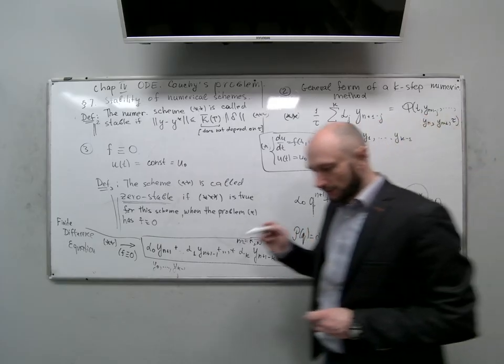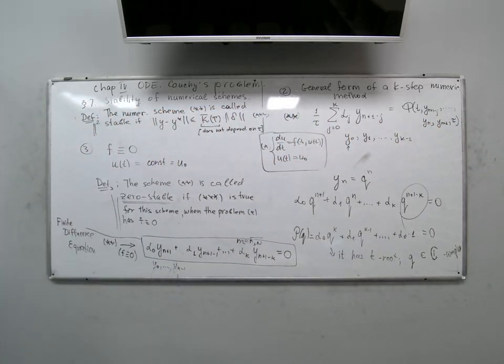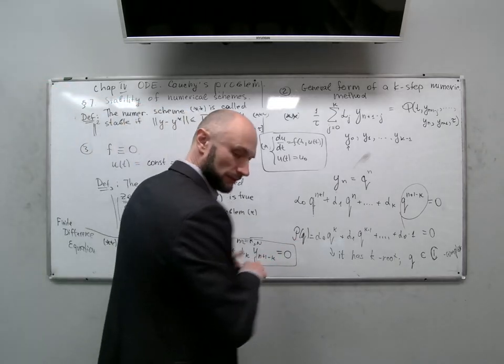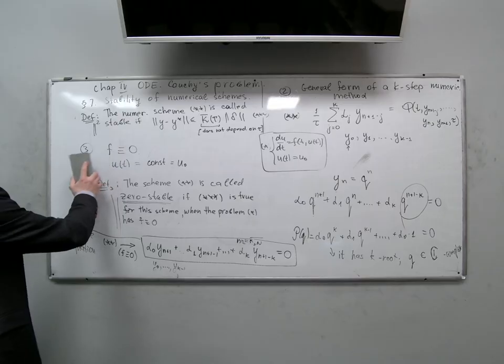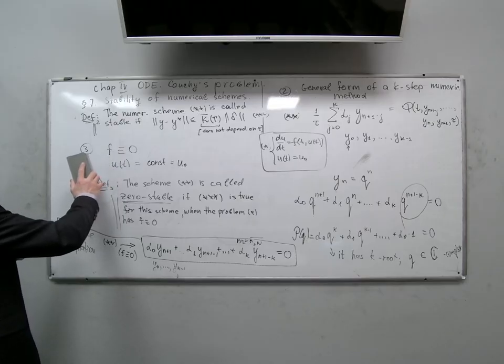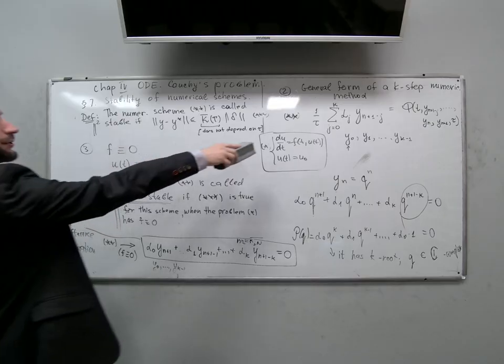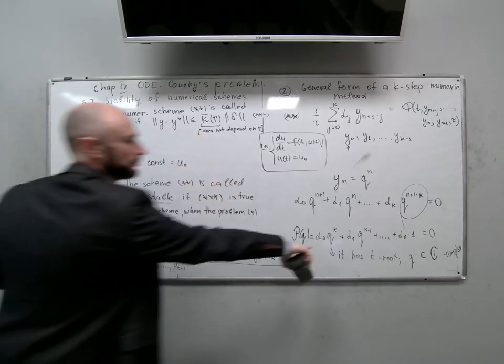And they may be all different, but some of them may be equal to each other, so it is a repeated root. Okay, so let's try to recall how we define the general solution of the ordinary differential equation if we know these roots.